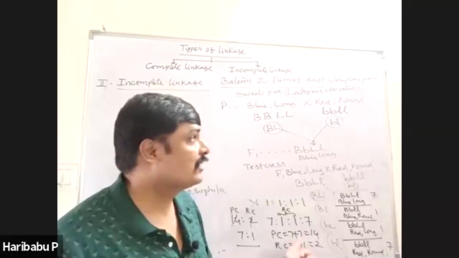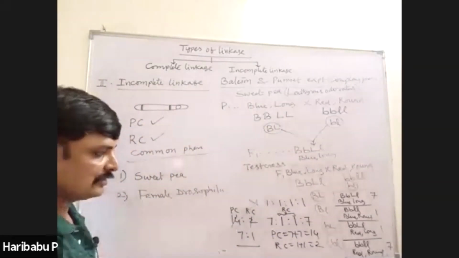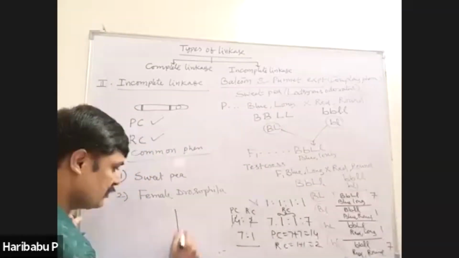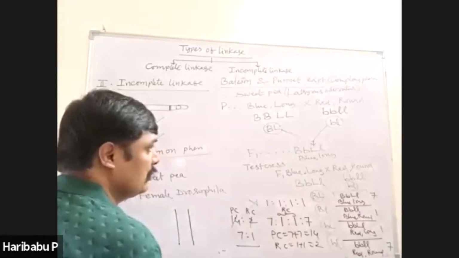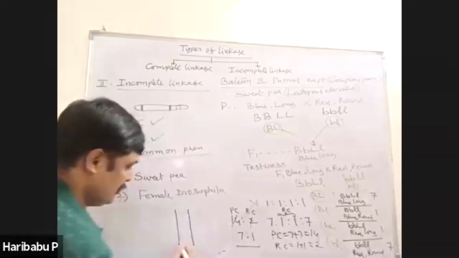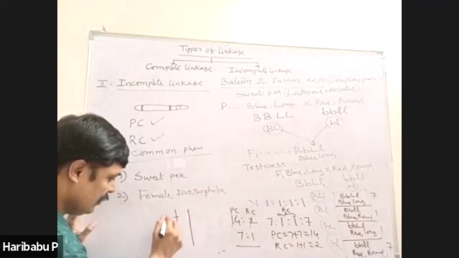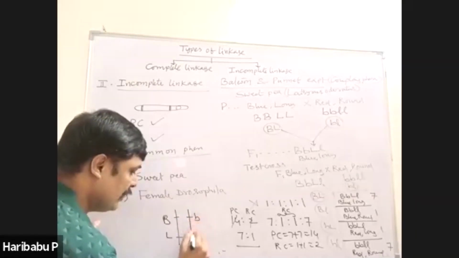So this indicates that here there is incomplete linkage. So based on that, they are arranged like this. See, this is one chromosome, with the genes capital B and capital L. Let us see the arrangement: capital B, capital L, and small b, small l.